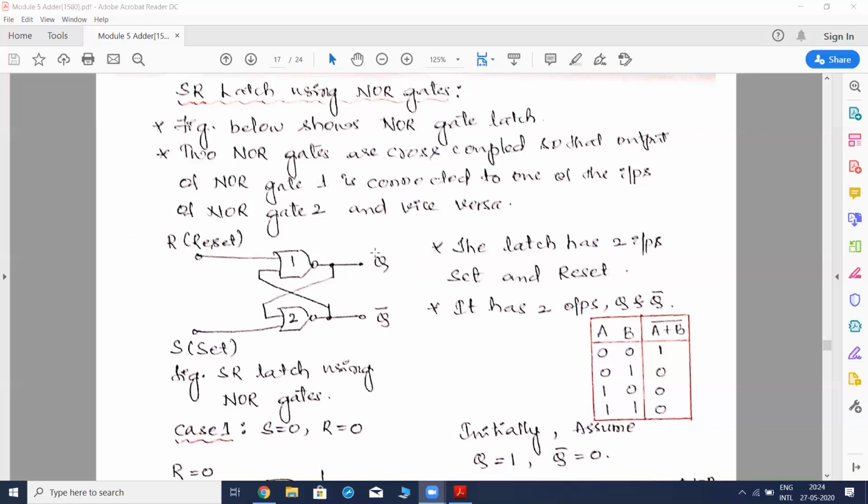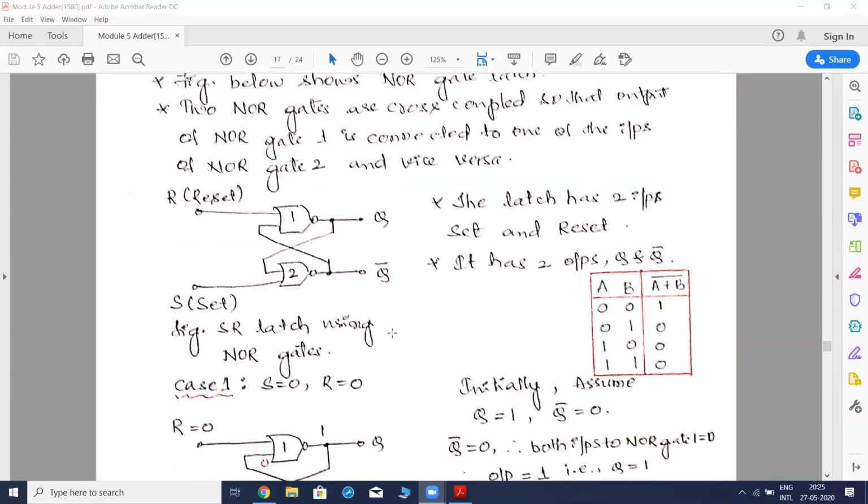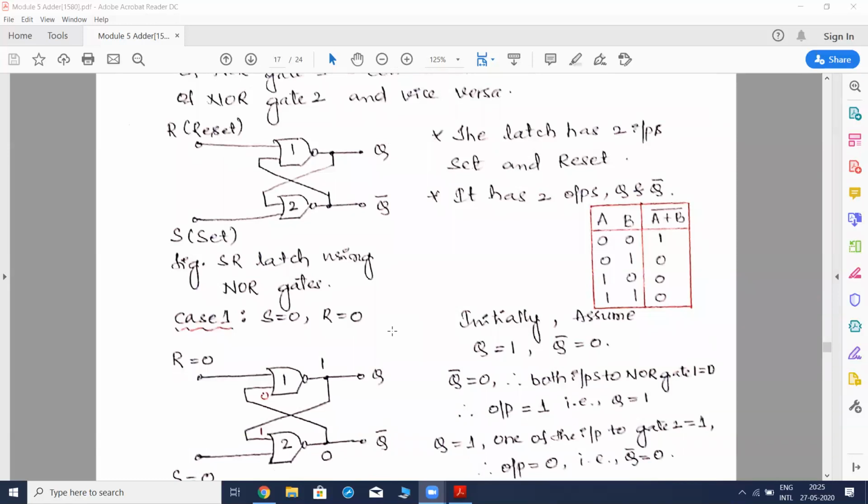That means in order to call it a latch, they are supposed to satisfy this condition: the outputs must be complement to each other.